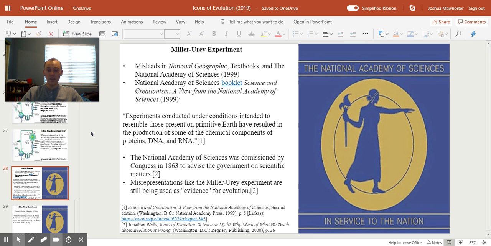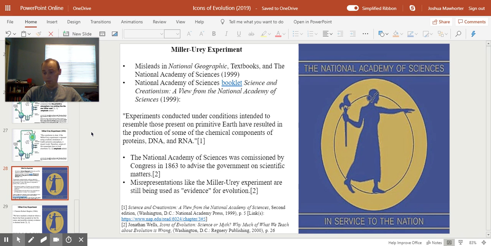And this is the body that is advising the US government on scientific matters, and it's still using misrepresentations of so-called evidence, outdated by 50 years, to try to prove its point.